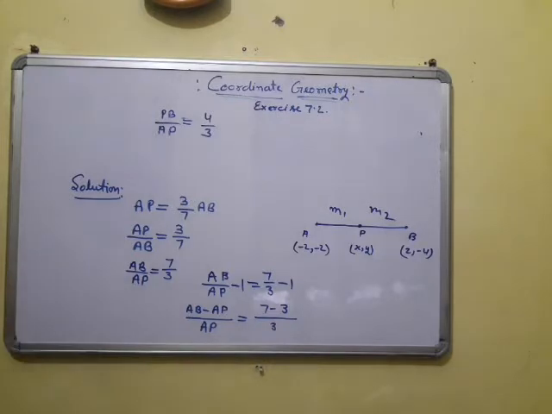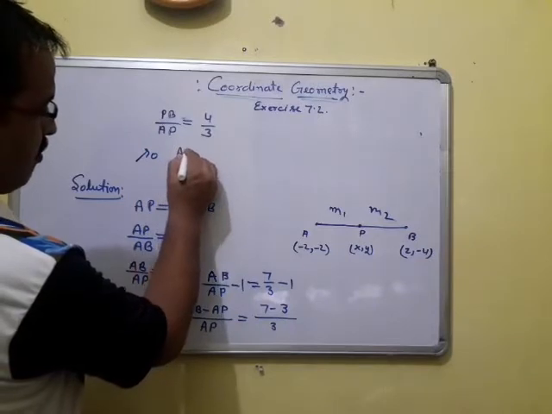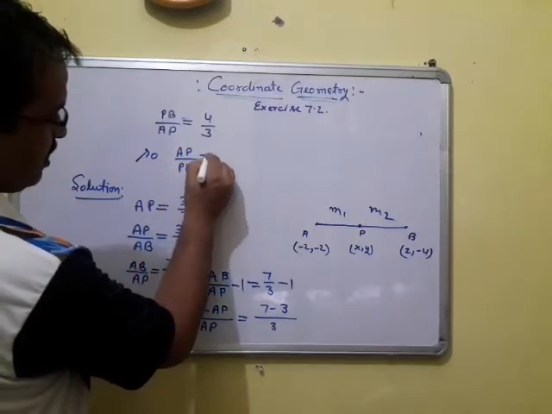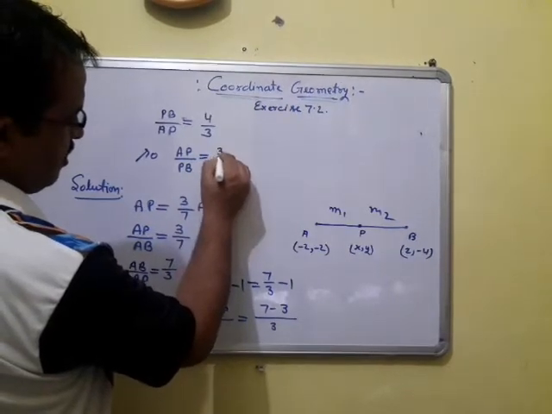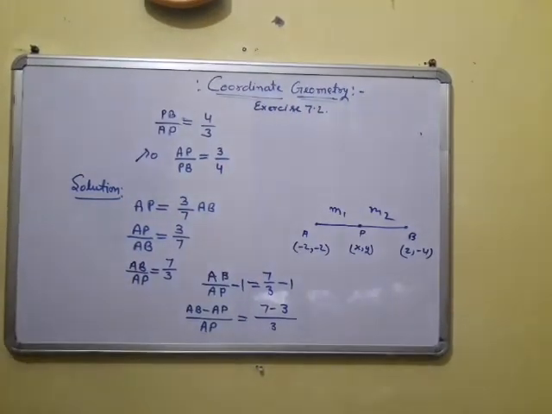So now AP upon PB, this one is right, 3/4. Clear? AP upon PB is equal to 3/4.